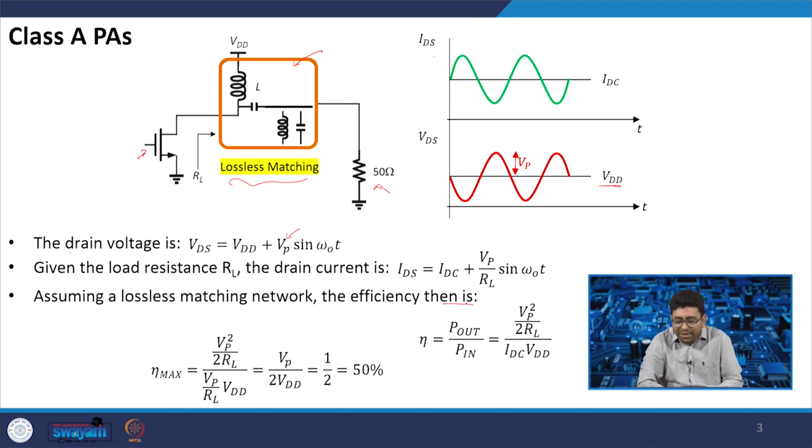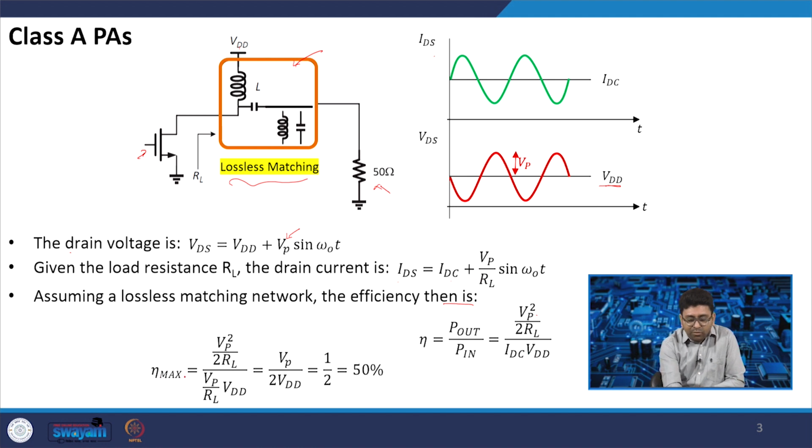If we consider the P out and the relation of RMS voltage with the peak voltage, P out is given by Vp square by 2 RL, divided by the input power which is coming from the supply voltage, that is the total current IDC into VDD.